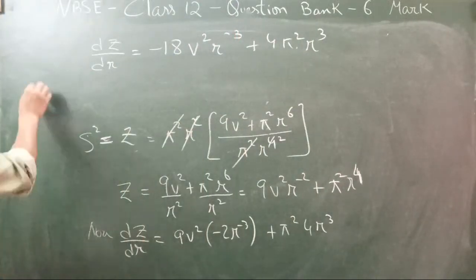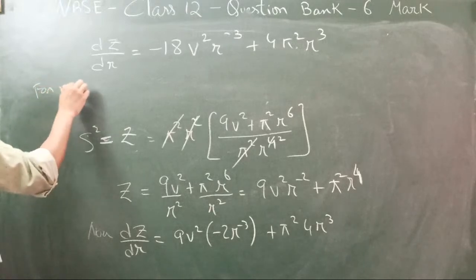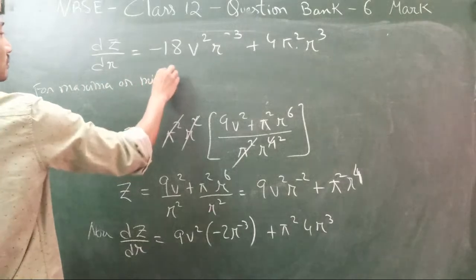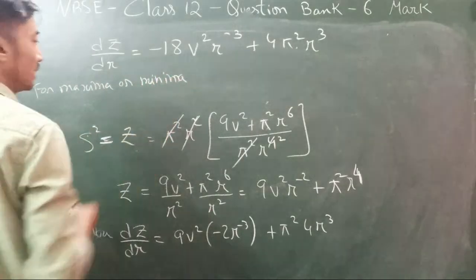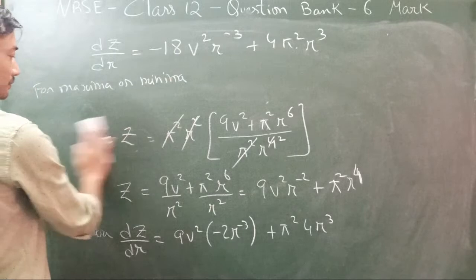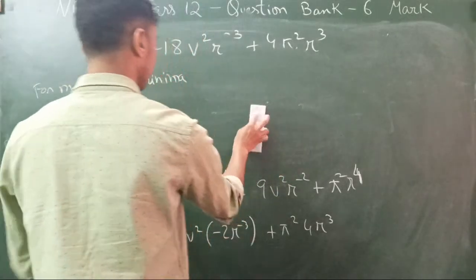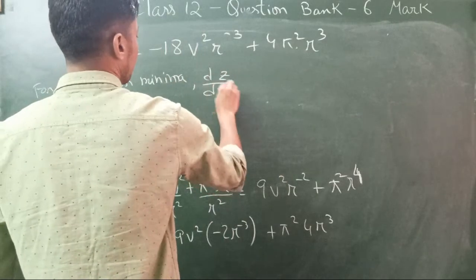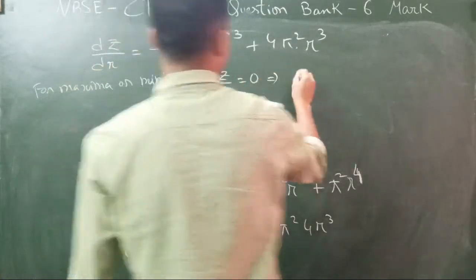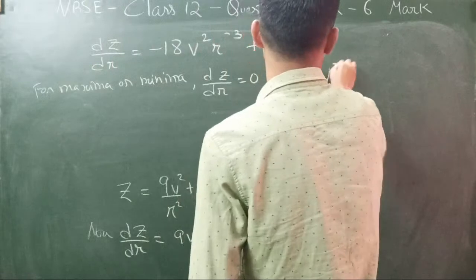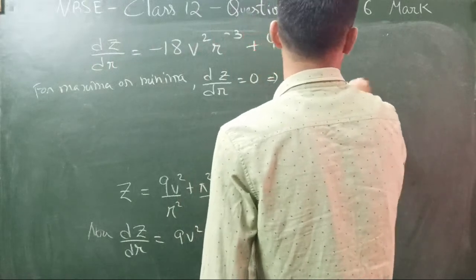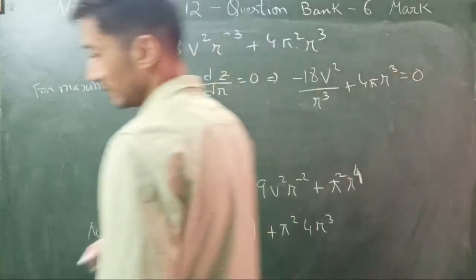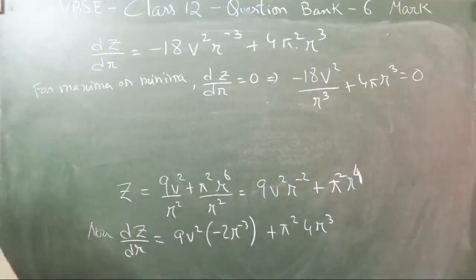So for maxima or minima, what do we do? For maxima or minima, equate the first order derivative to 0. So that's going to be minus 18 b square by r cube plus 4 pi r cube is equal to 0. Let's solve this and see what we can have.